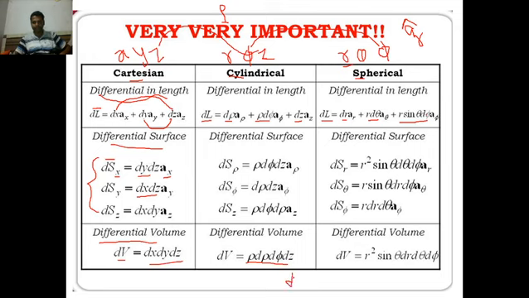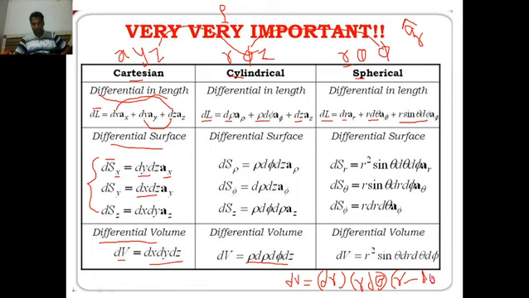For example, in the spherical coordinate system, dv is equal to the first differential length, which is dr, the second differential length is r d theta, the third differential length is r sin theta d phi.